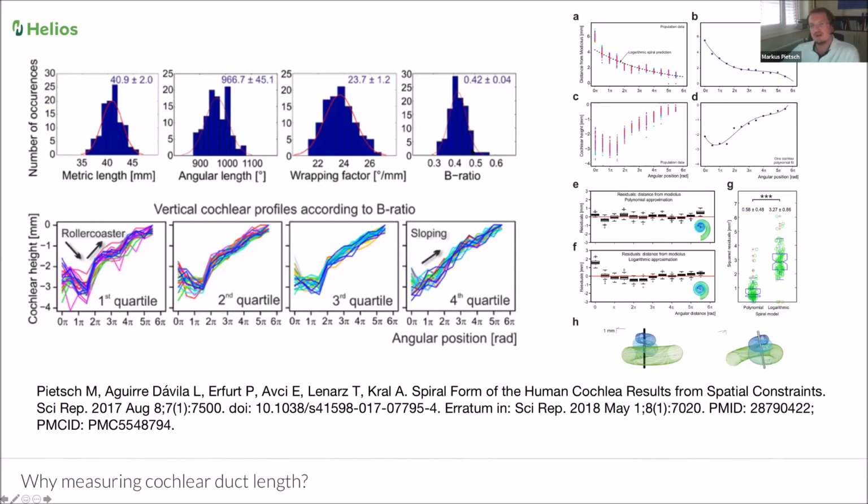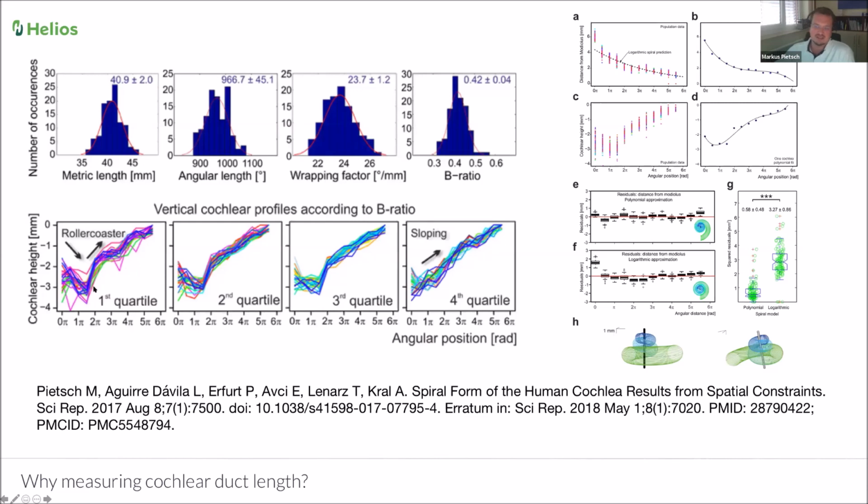And if you look at the different quartiles of the B value, so where the B diameter is intersected by the modulus, you find different quartiles, and in those quartiles you will find very different cochlear profiles from the ascending of the cochlear duct in the height direction, and so in the first quartile you find a kind of roller coaster profile.